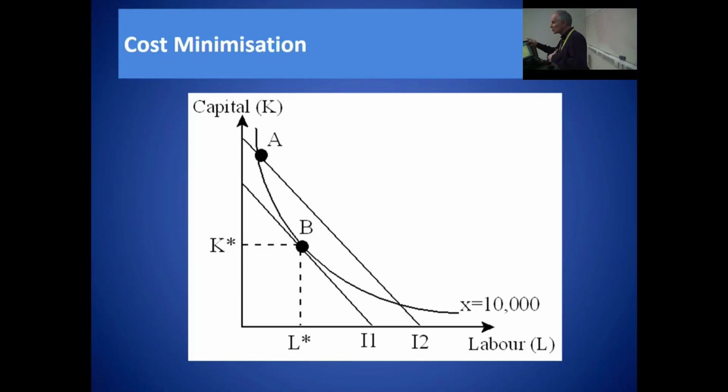It wouldn't be possible for the firm to still produce 10,000 units of output and combine labour and capital in a way that's any cheaper. And so, point B reflects the least cost combination way of producing our given level of output.